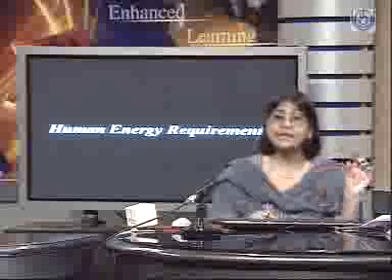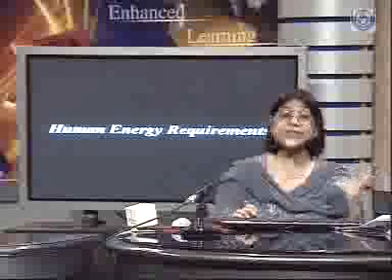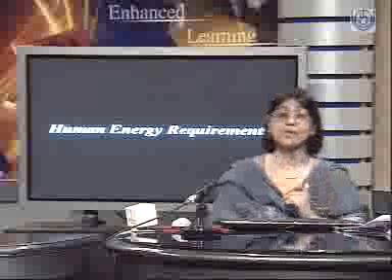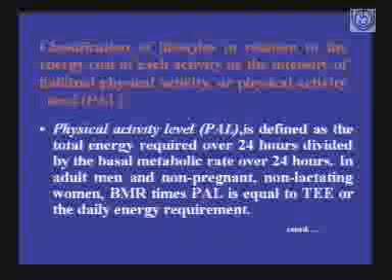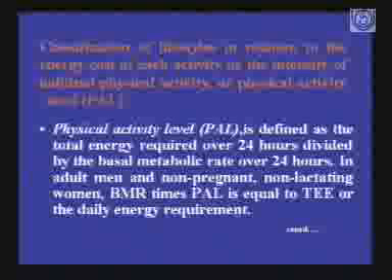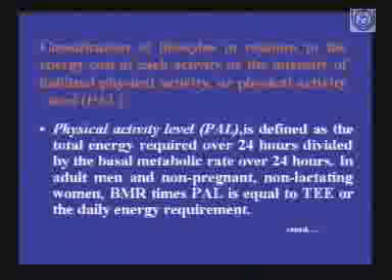And for this, the WHO, FAO, UNU have now come up with what we call the physical activity level. If you look at the monitor, the physical activity level is defined as the total energy required over 24 hours divided by the basal metabolic rate over 24 hours, which in simple terms means that the total energy required in a 24-hour period, if you just divide that by the basal metabolic rate, which is the involuntary activity, that is your physical activity level.